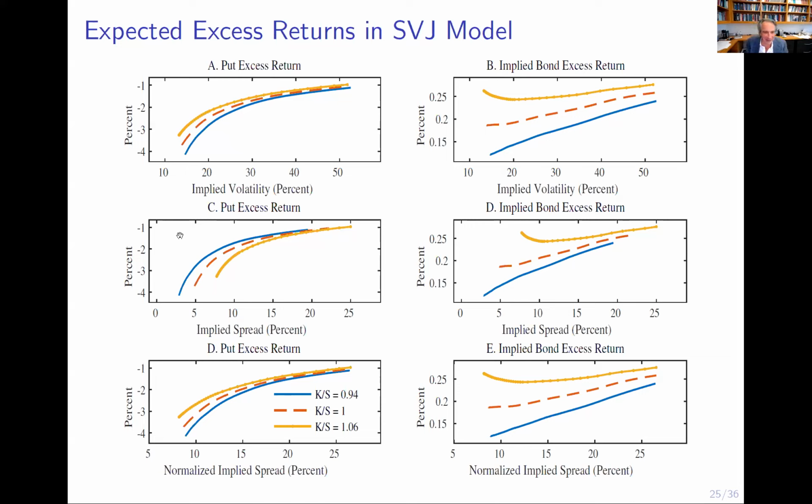It's not our estimates, it's their parameters, and you find this. And the same for implied volatility, you find it here, or a normalized implied spread. In other words, the Heston model with these parameters is completely counterfactual to the fact that there is no predictability in excess returns of put options. You should detect it by running a regression, but you don't. It's not in the data. And so there is something that is not fitting here.